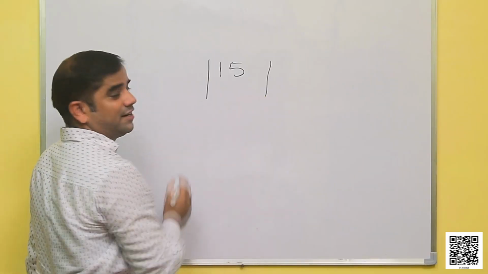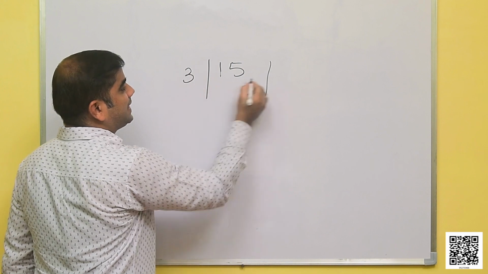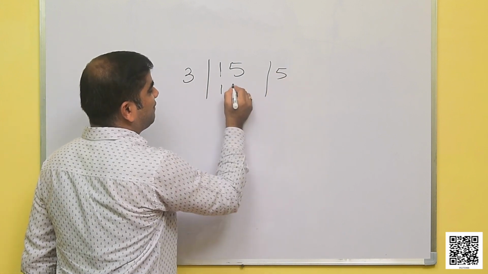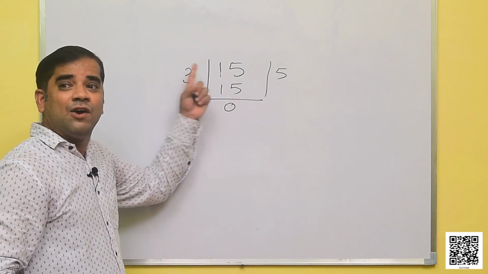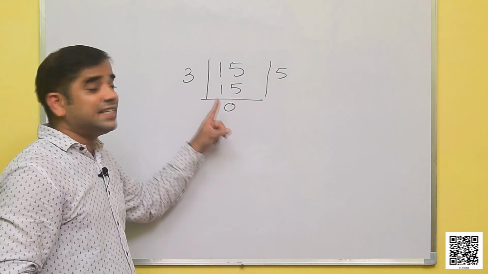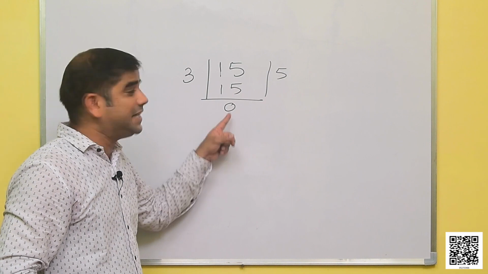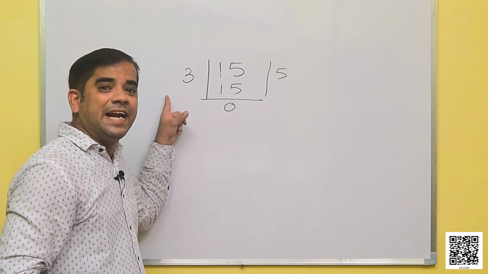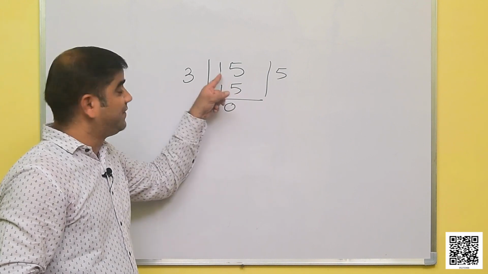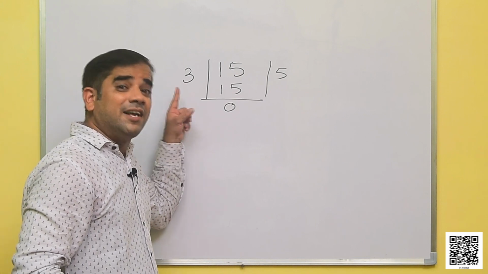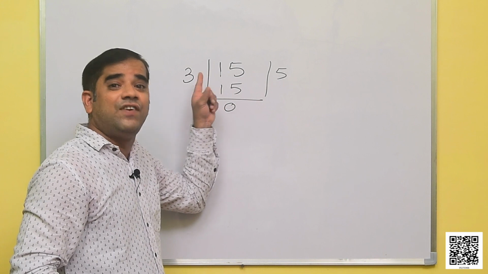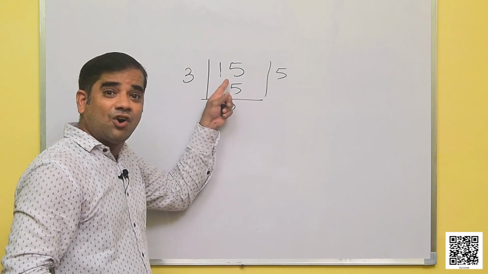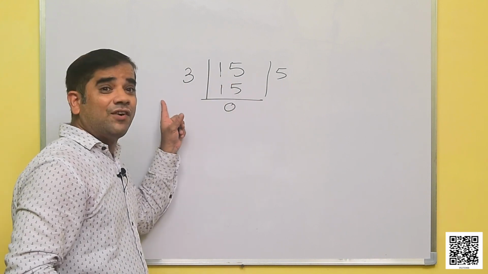See, 15 is completely divided by 3. 5 3s are 15, remainder 0. So when we divide 15 by 3, we get 0 as the remainder. That means 15 is completely divisible by 3. That's why 3 is called a factor of 15 and 15 is called the multiple of 3.